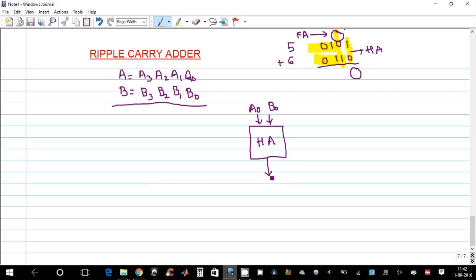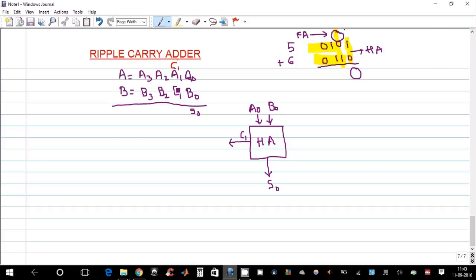So the half adder will have one sum output. Let's denote this as S0. So we will write S0 here. Now this will generate a carry. Let's call that carry C1. This carry C1 needs to be added with the bits A1 and B1.